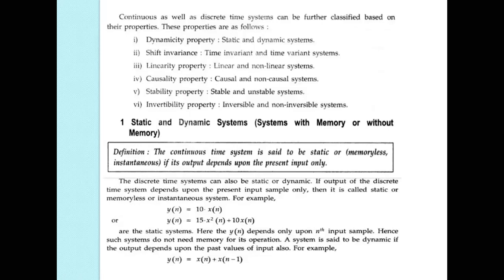Otherwise, if it depends upon the present and the past or the future, we call it dynamic. Then time invariant and time variant. Time invariant means if the input is delayed, the output is also delayed, that is, a time shift in the input signal results in a corresponding time shift in the output. Otherwise it is a time variant system.